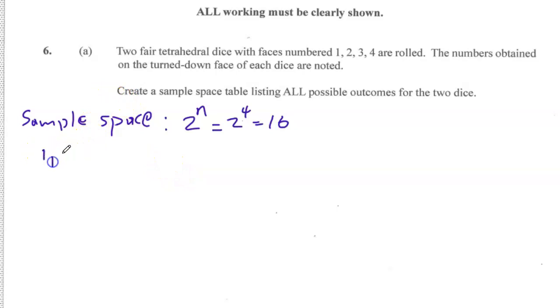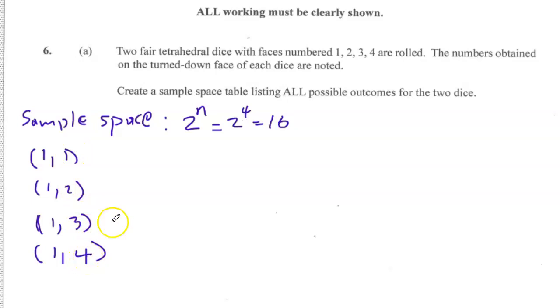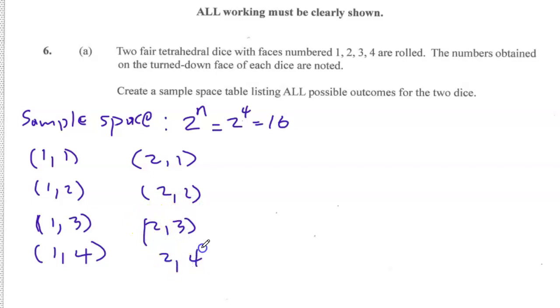So we could pair 1 with 1, 1 with 2, 1 with 3, 1 with 4. The first number represents the first die, and the second number represents the second die. In the same way, we could have 2 with 1, 2 with 2, 2 with 3, 2 with 4.